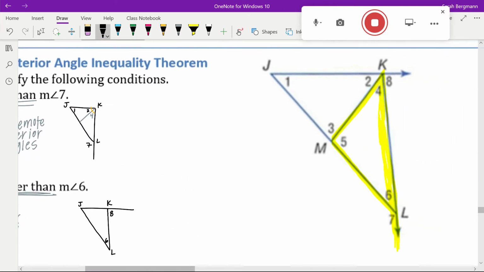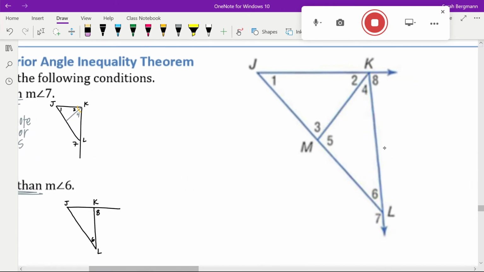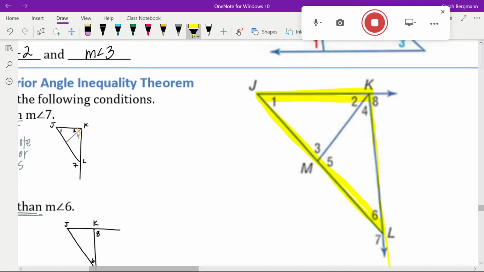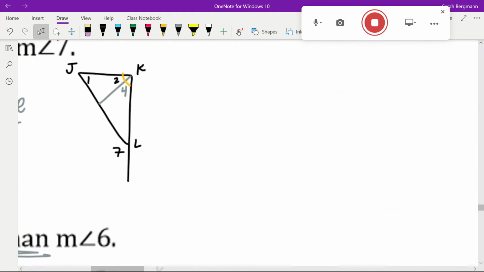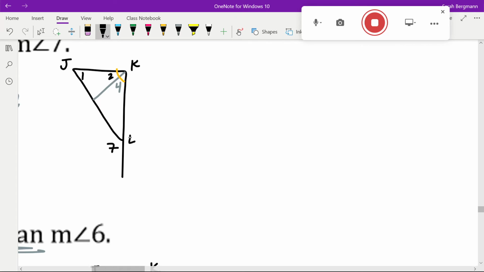I could also look at this larger triangle, triangle JKL, with an extended side to create angle 7. When I look at this triangle, I see that the remote interior angles are angle 1, and then angle 2 and 4 together make angle JKL. The measure of angle 2 plus the measure of angle 4 creates the measure of angle JKL.